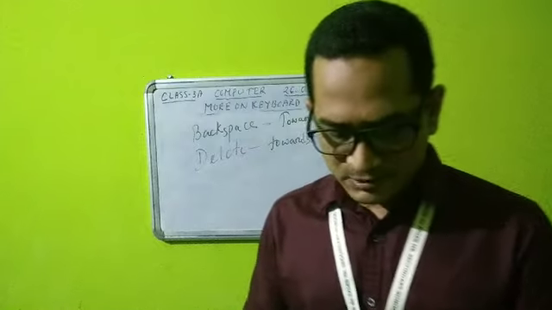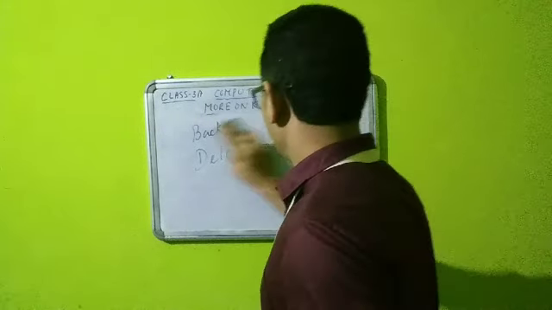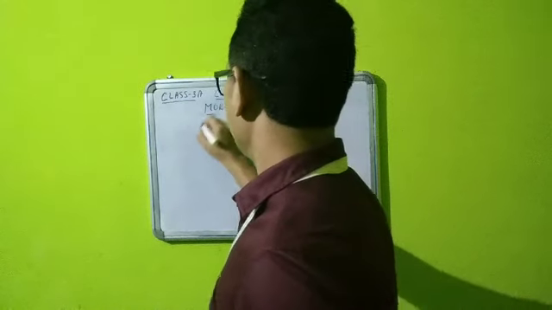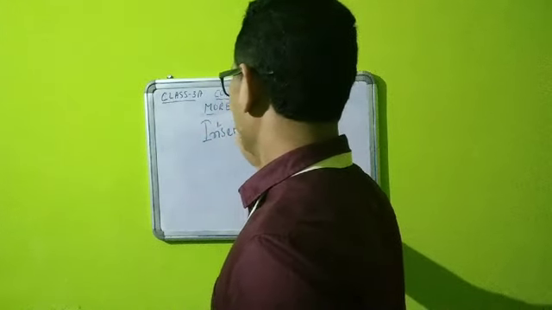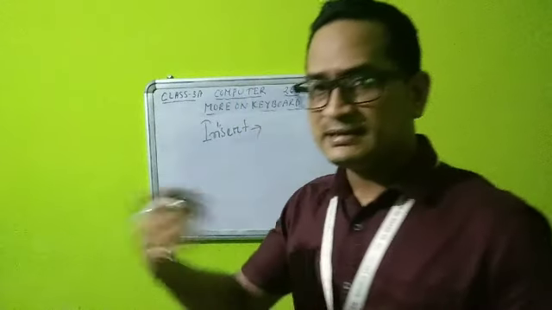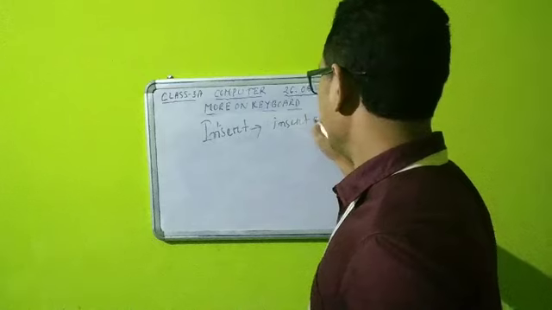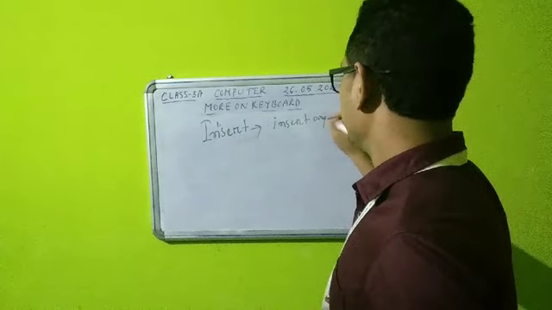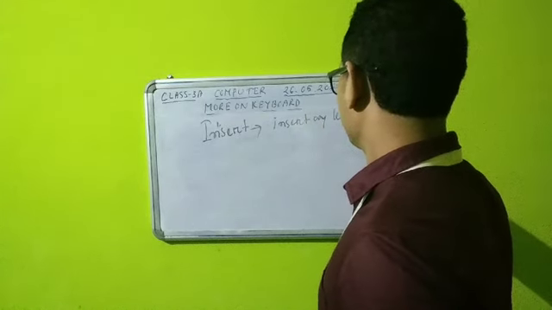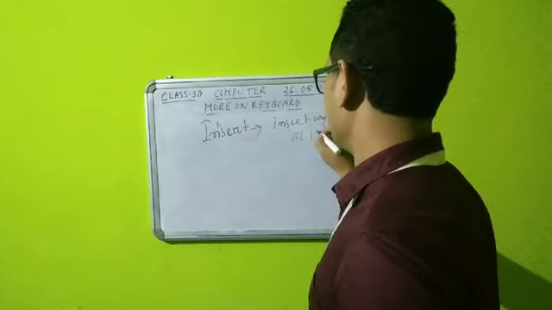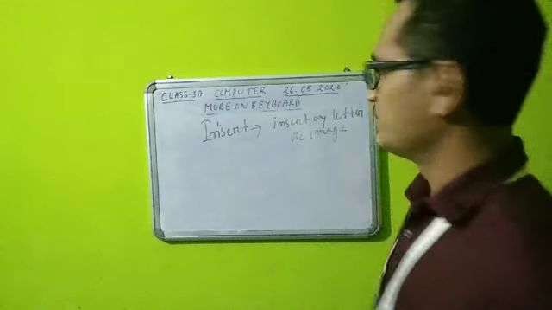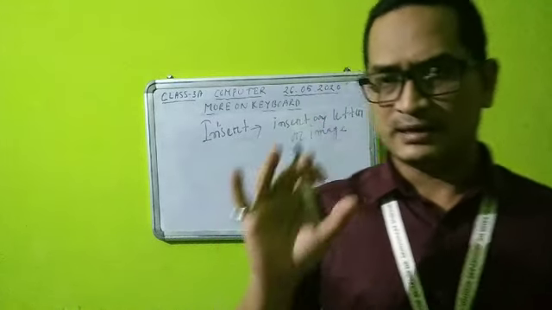And the last two are insert and print screen. Insert. Now the word says it: insert means to insert something, say any letter, or suppose an image. To enter anything.